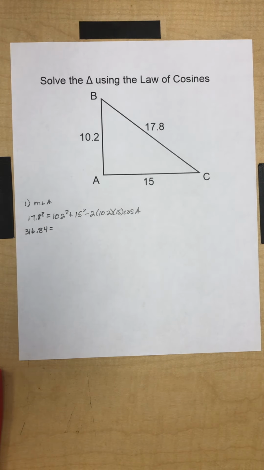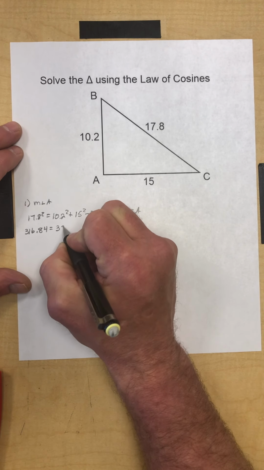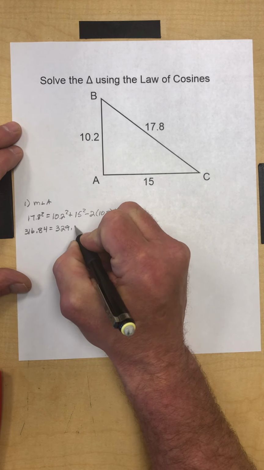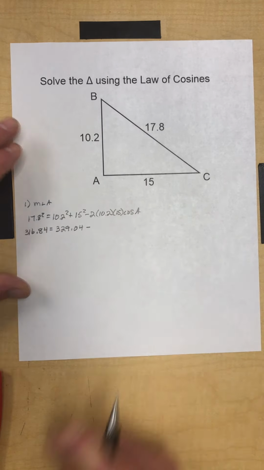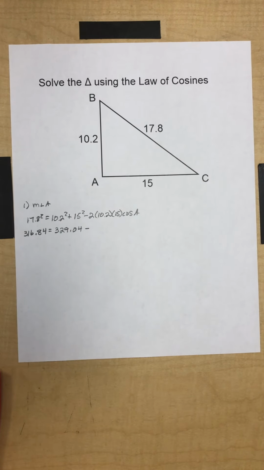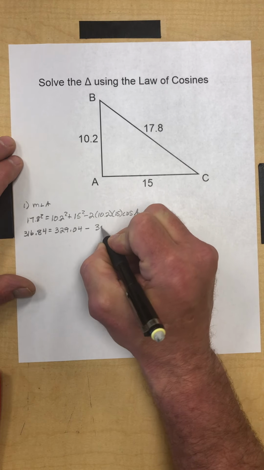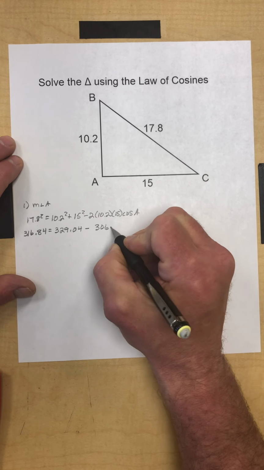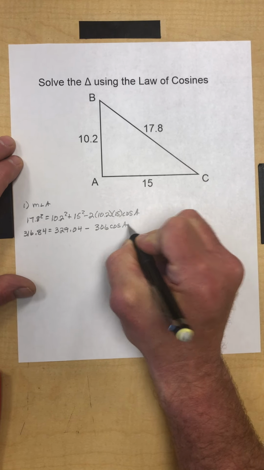So I go 10.2 squared plus 15 squared, and that gives me 329.04, minus, multiply these together, 2 times 10.2 times 15, and I'm getting 306 on the nose, cosine of angle A. Let me check that.